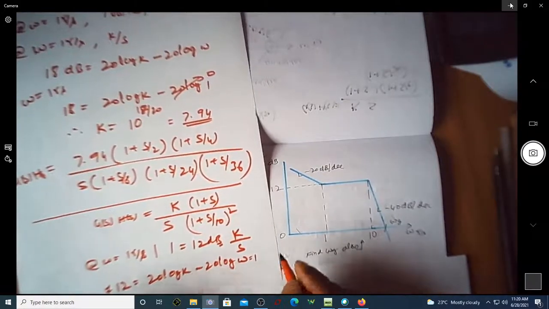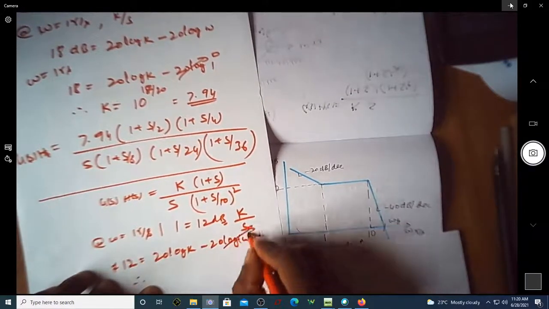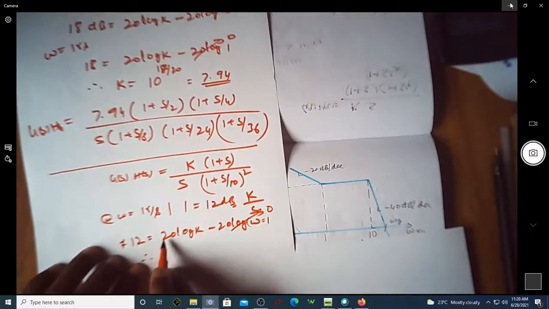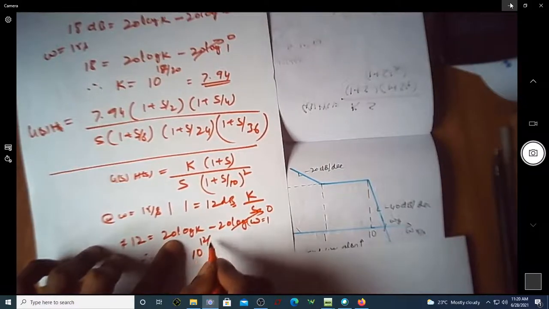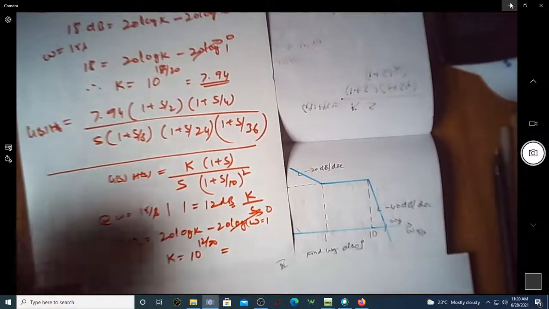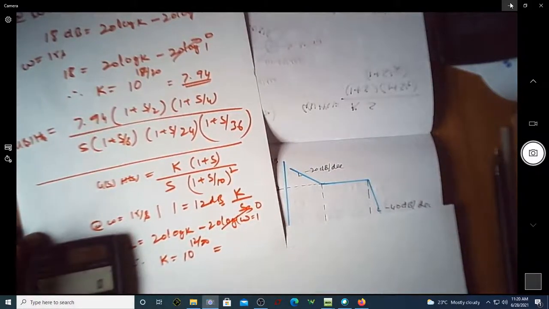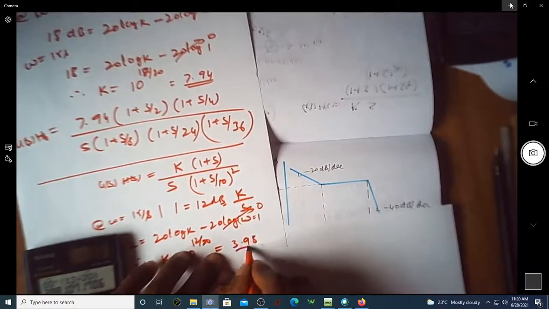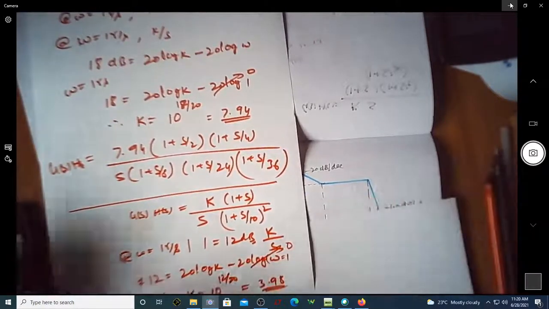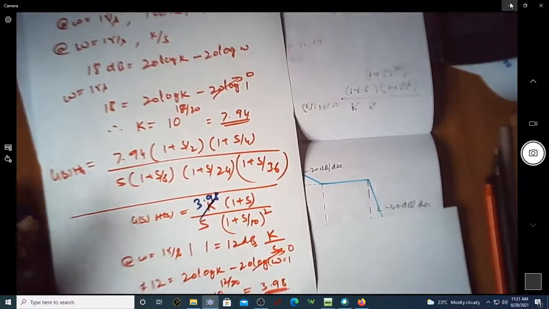Since omega is equal to 1, this term tends to 0, so 12 dB is equal to 20 log k, or k can be written as 10 to the power of 12 by 20. So the value of k is now 3.98. Here you substitute the value of k as 3.98. So this becomes the transfer function.